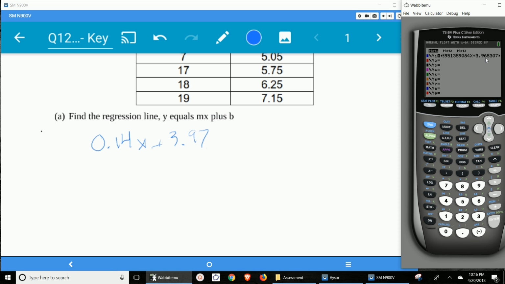Okay, good enough. You can see that that's a pretty good estimate, because if you just go 0.14x plus 3.97 and then graph it, it's basically right. So, good enough.